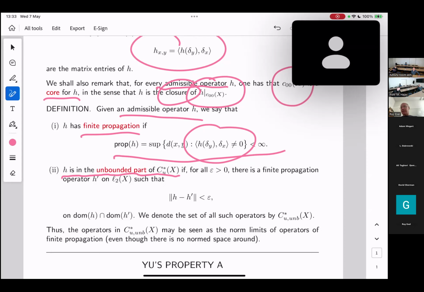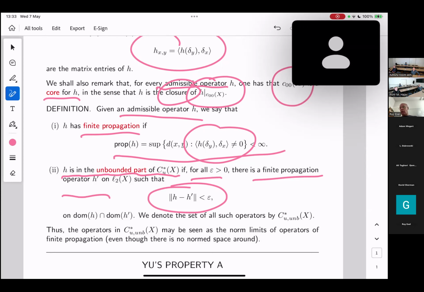So this means that for every epsilon, there is a finite propagation operator H prime, according to the definition above, such that the norm is less than epsilon. The norm, those are unbounded operators, right? So the norm could even be infinite.